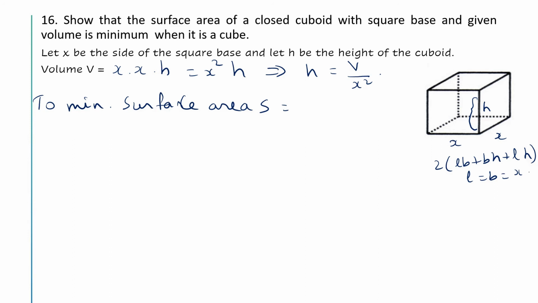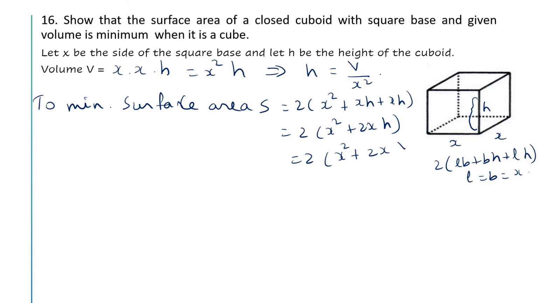So it is equal to 2 into x square plus xh plus xh, or it is equal to 2 into x square plus 2xh. So let us substitute h here. It is x square plus 2x into h, where h is v by x square. So here we have found h as v by x square. So we have to minimize surface area. S is equal to 2 into x square plus 2v by x.